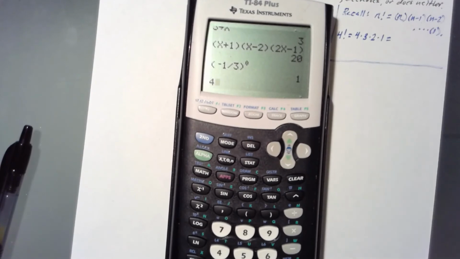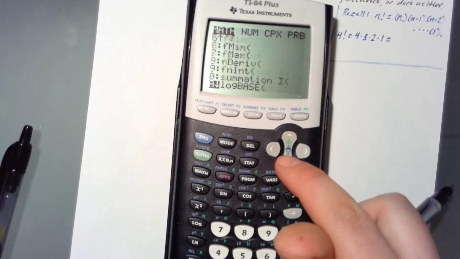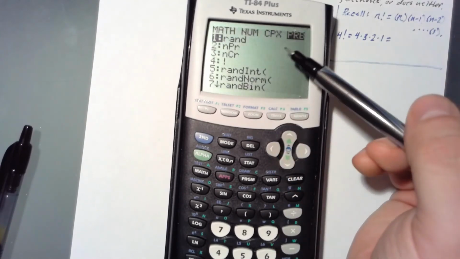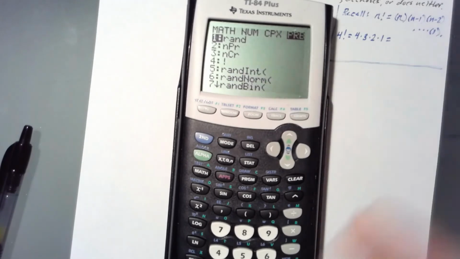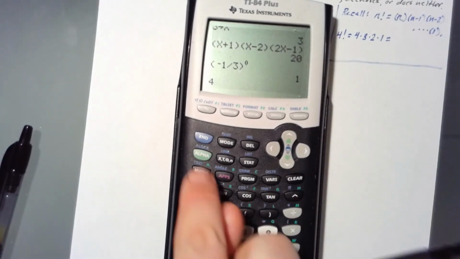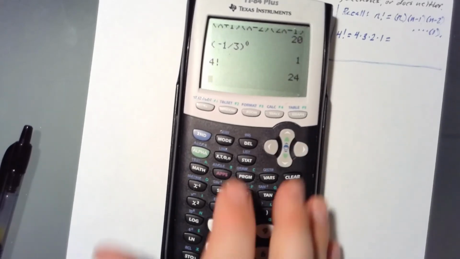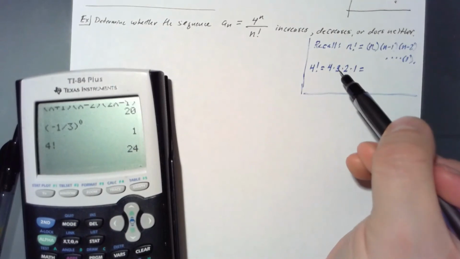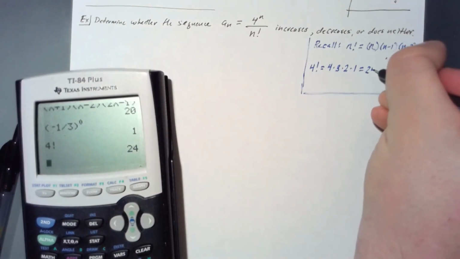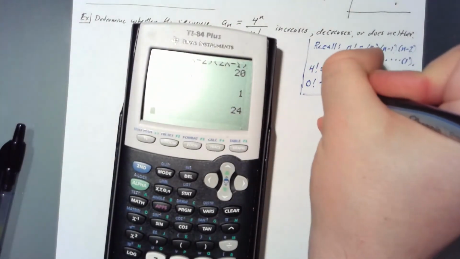It's under math, under probability, number 4 factorial. So that's 24. 4 times 3 is 12, 12 times 2 is 24, times 1 is 24.